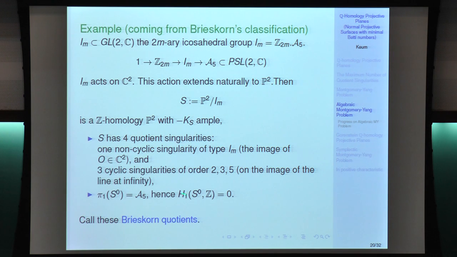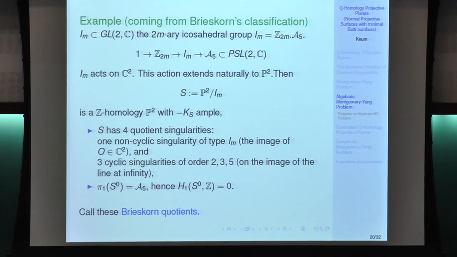Well, Brieskorn never mentioned his quotient, but let's see how this surface looks. So it has 4 singular points.